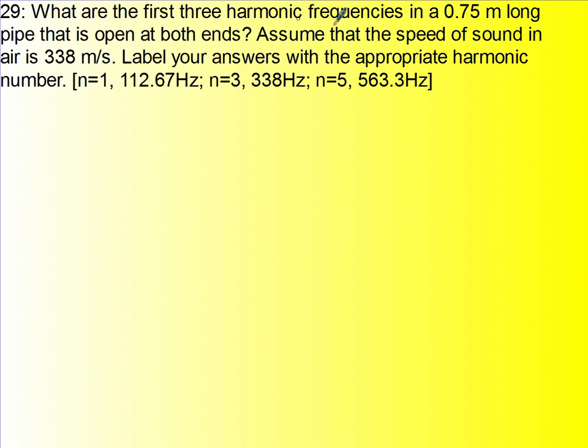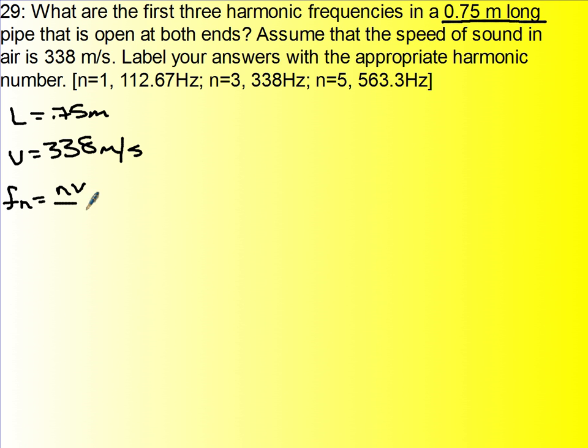What are the first three harmonics in a 0.75 meter long pipe? So L is 0.75 meters. That's open at both ends. In this case, V is 338 meters per second. Now, let's see, I know Fn is nV over 2L. And I also know that Fn is n times F1. So let's find F1.